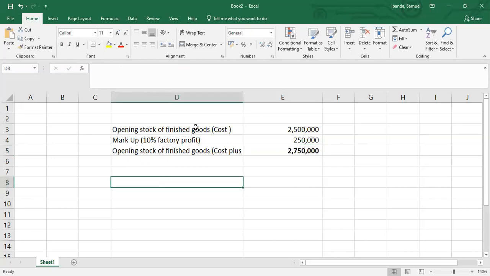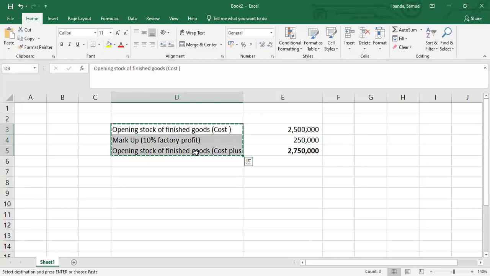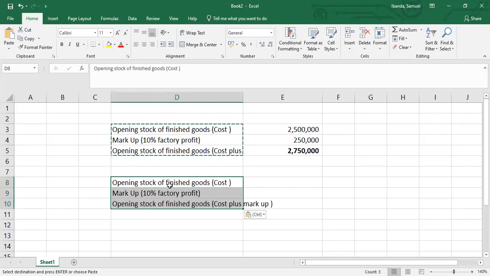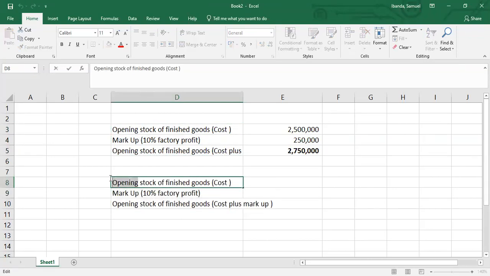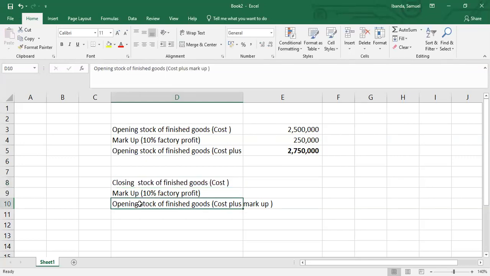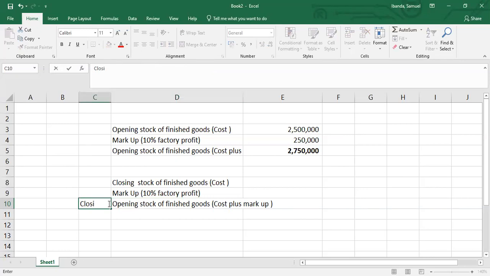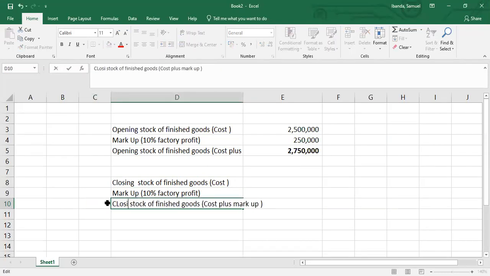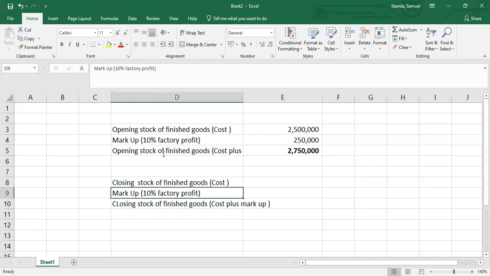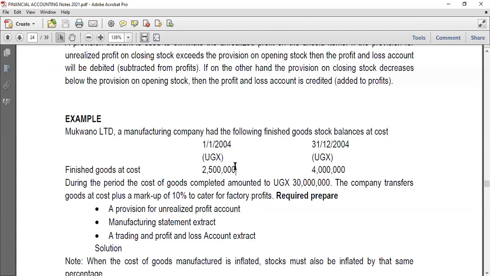We'll do the same thing for the closing inventory, so I'll call this closing. When we come here, we saw this was 2.5 and this was 4 million.